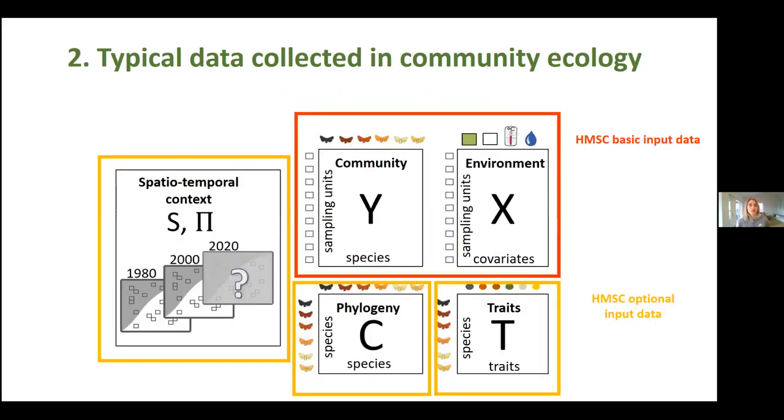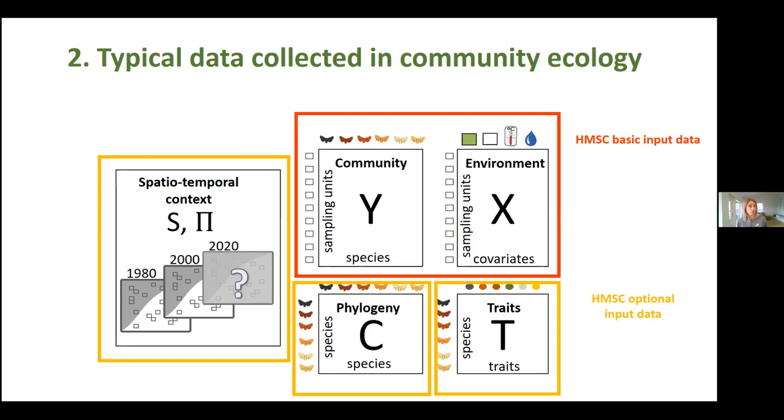So now I have gone one by one through these data matrices that are typically collected in community ecology and which we can actually include as input in HMSC. So here I want to make the point that it's not necessary that you have all of these data matrix types when you want to run your HMSC analysis.